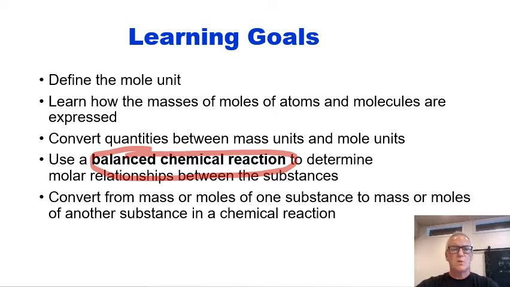So we need to be able to figure out, if a reaction like hydrogen gas plus oxygen gas gives you water, exactly what the ratios of hydrogen to oxygen are. And we know that those ratios are not in terms of grams. Those ratios are in terms of moles. So we're going to need to convert mass to moles and then back again in order to figure out exactly the mass of products and reactants in an equation. Okay.